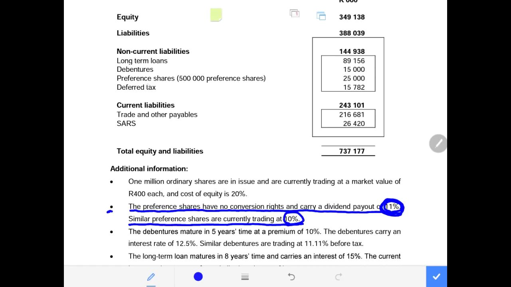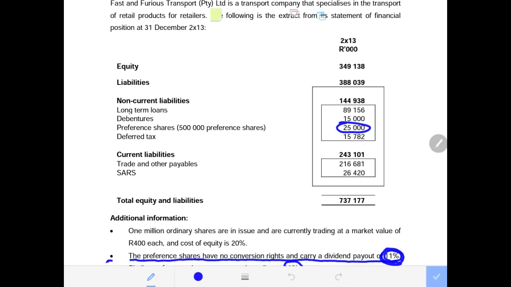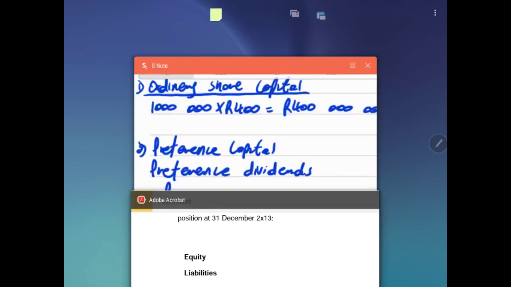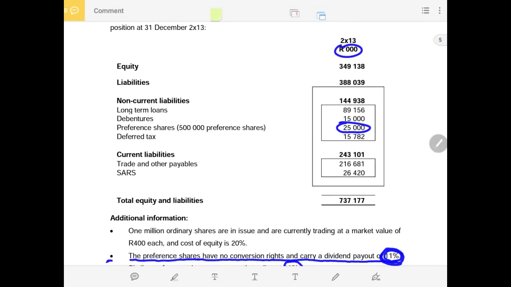Our preference stated capital is 25 million. I have to take into account all the zeros, because with my ordinary shares I took into account all the zeros for the millions. So now it's 25 million times the percentage of the preference shares, which is 11%.